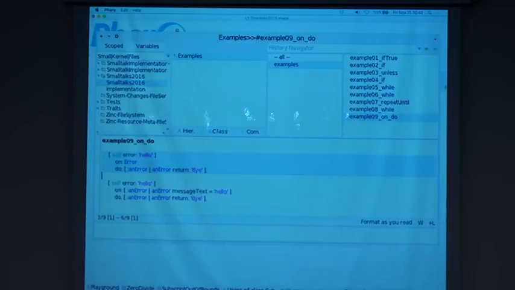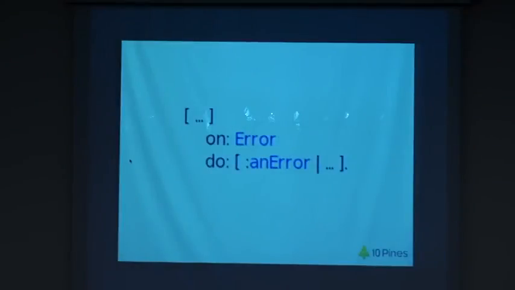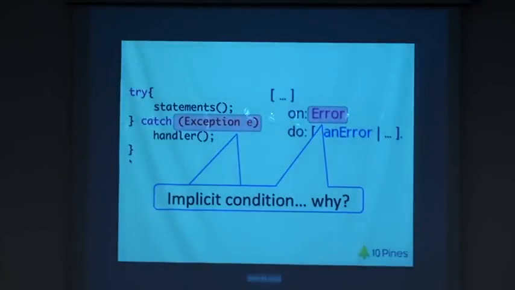Undo, okay? So if I signal an error, and I catch it here, I say I want to handle errors, and then I will return by, in this case, okay? This is a handler, and this is the condition to handle the exception. But the question is, why is the condition always a class?